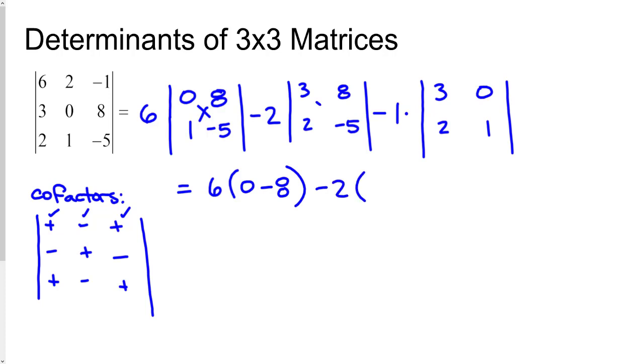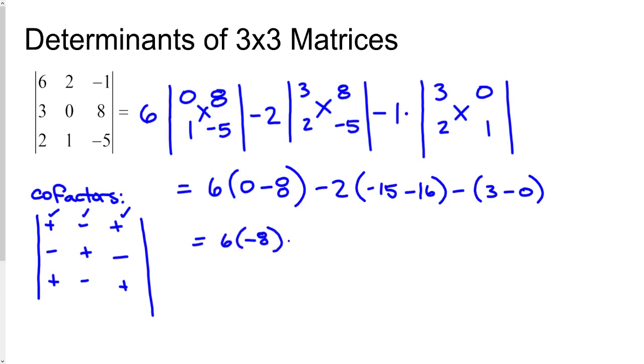Then it's minus 2 times -15 minus 16. Then it's minus 1 times 3 minus 0. So 6 times -8 minus 2 times -31 minus 3.